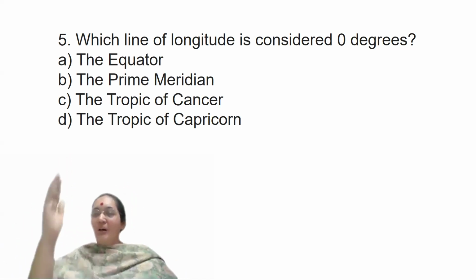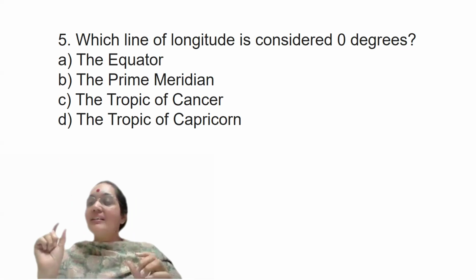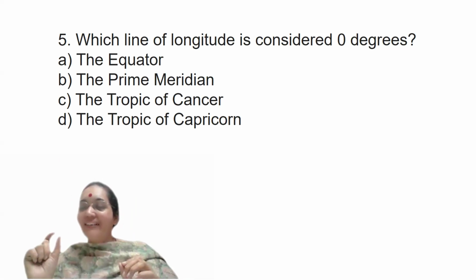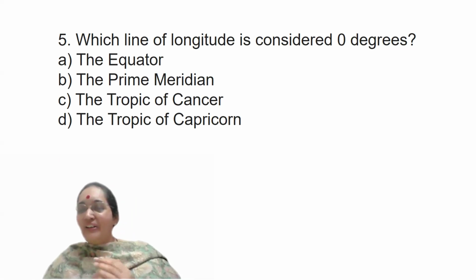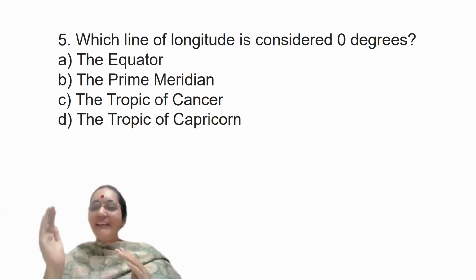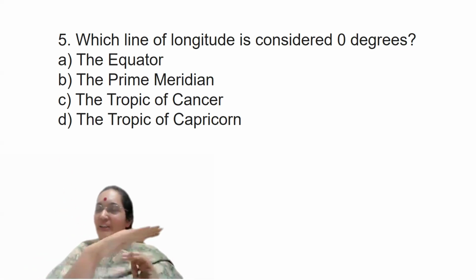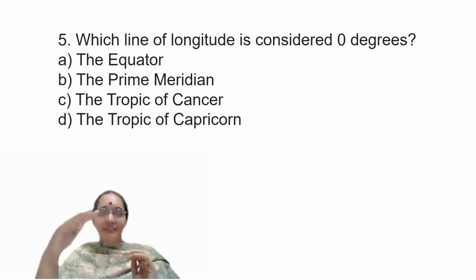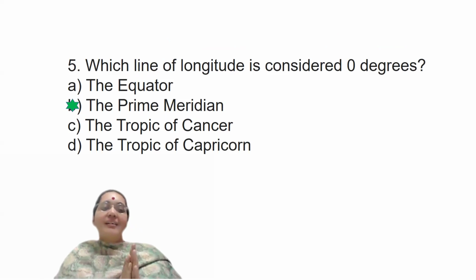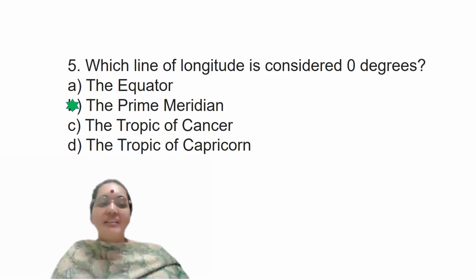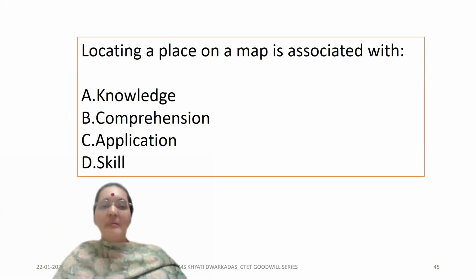Latitude, longitude. Longitude has a clue in it. It is long. Longitude is a long line, and latitude is a lying-down line. Which line of longitude is considered 0 degrees? It was the prime meridian.